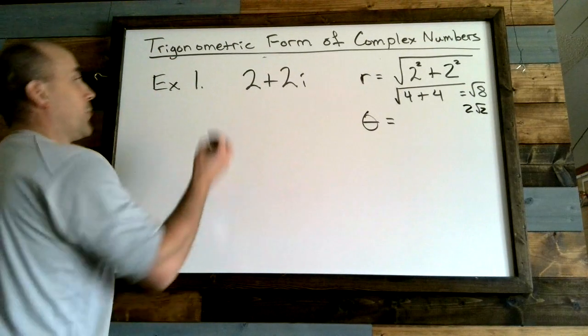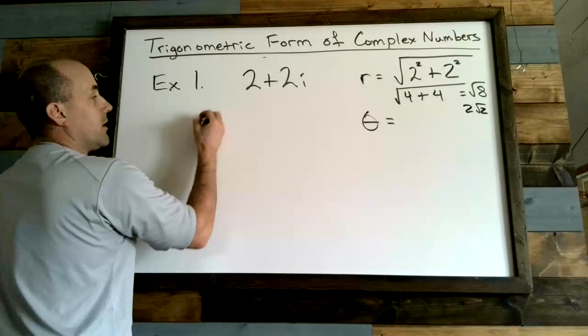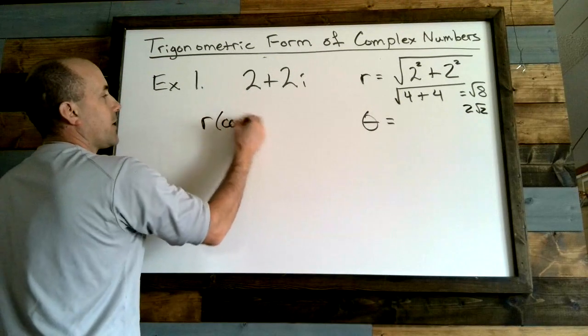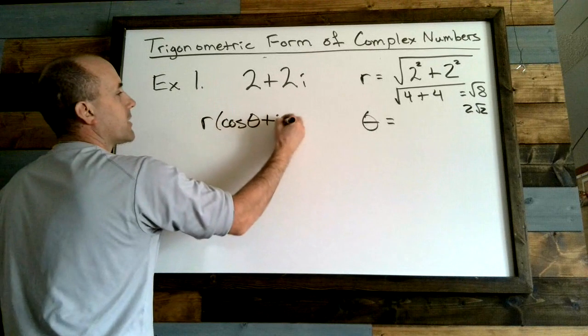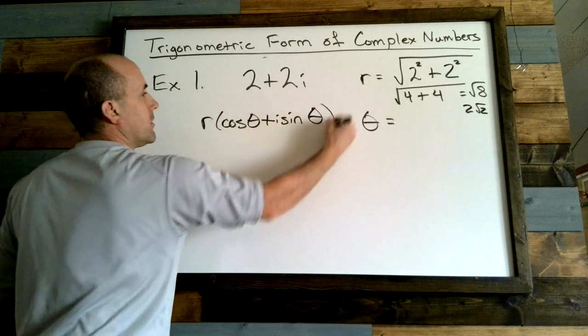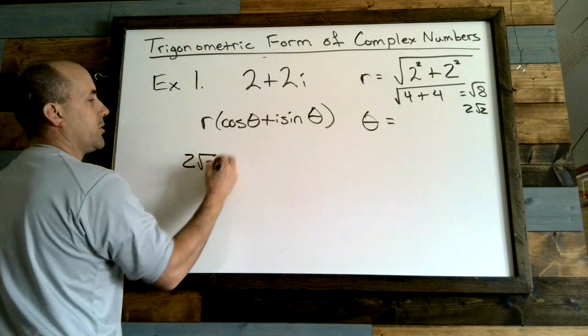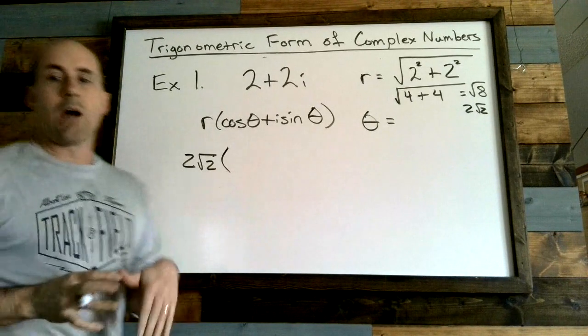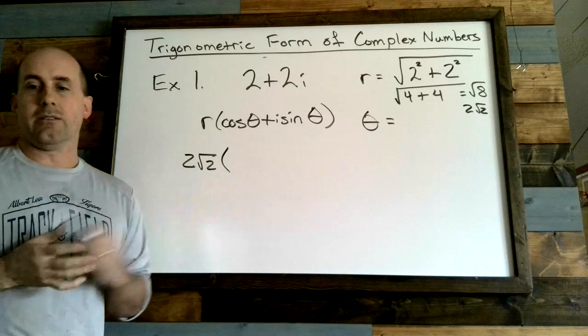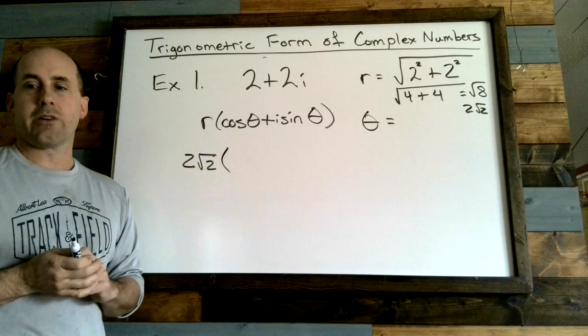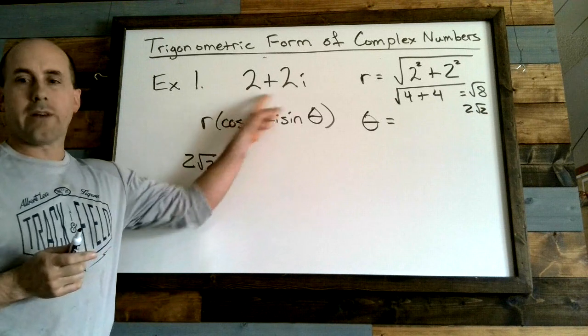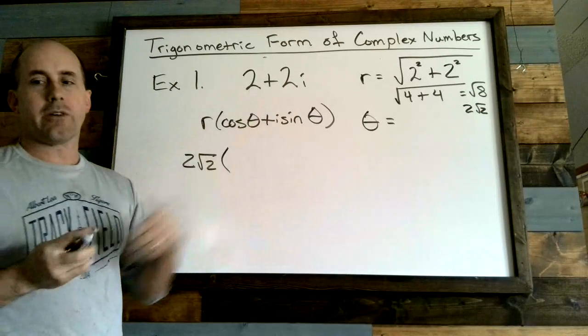So, if we want to take this and write it as r cosine of theta plus i sine of theta, notice that r ends up being 2 roots of 2. Now what we need is the angle. So what do I put for that theta value there? Well, we like to graph it and kind of figure it out.